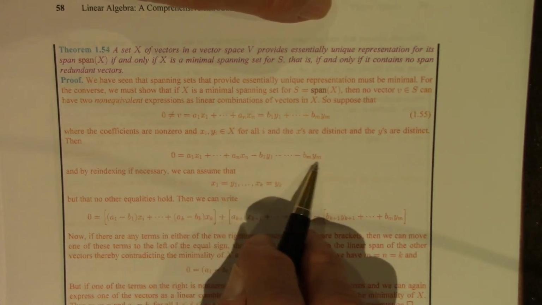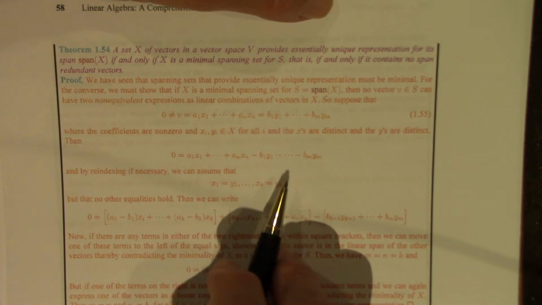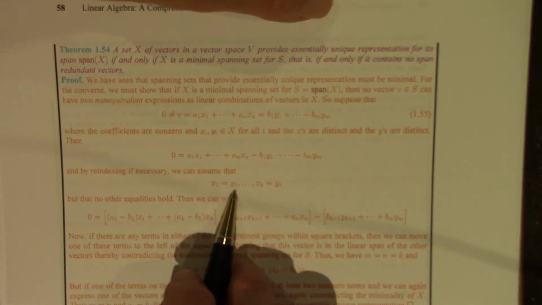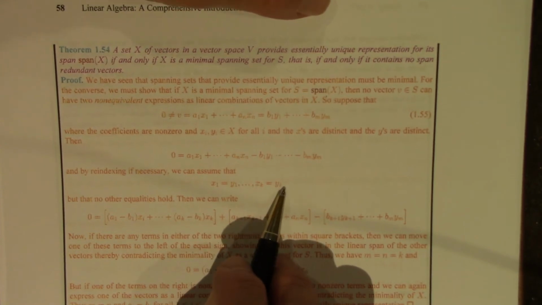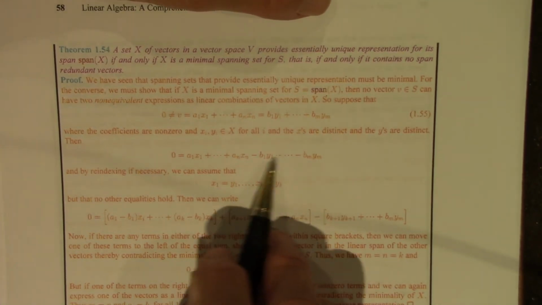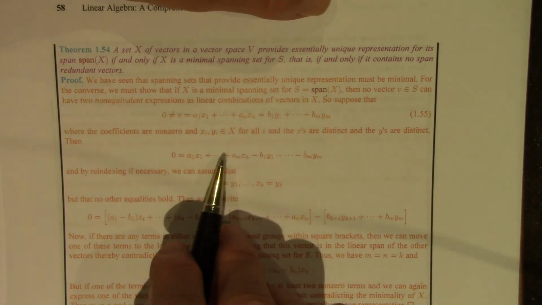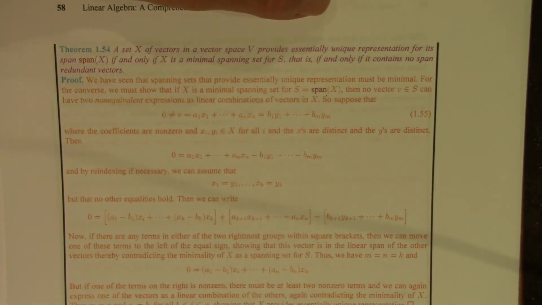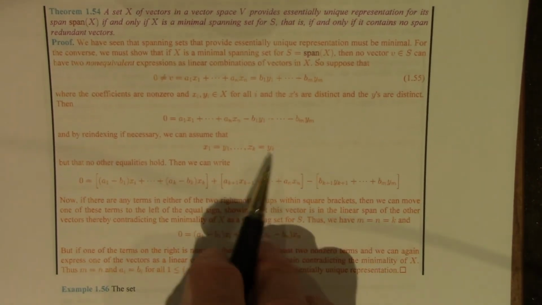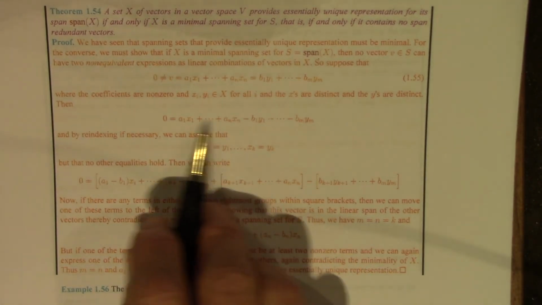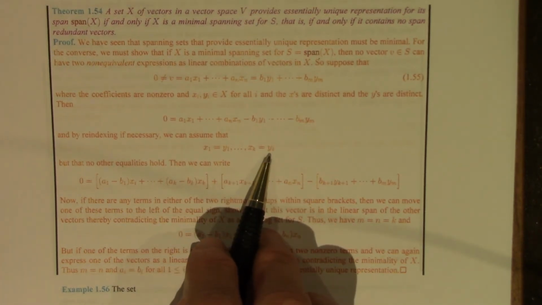But by re-indexing the y's, we can assume that x1 equals y1 all the way up to xk equals yk, but after that, they're all different. So there are no more equalities among the little x's and the little y's. K could be 0. There might not be any, but we don't know.